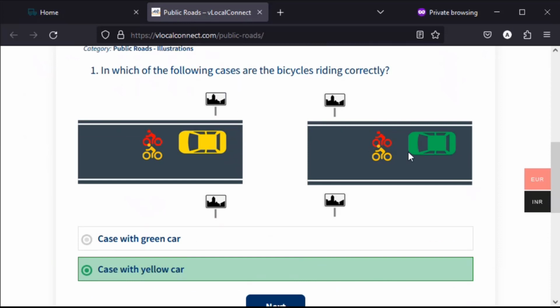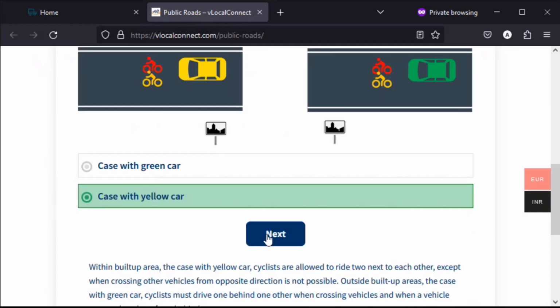So in this case, the cyclists must ride not next to each other, but one behind each other. In this case, it's allowed, but they must ride one behind each other if there is an opposite vehicle coming. Okay, let's move on to the next question.